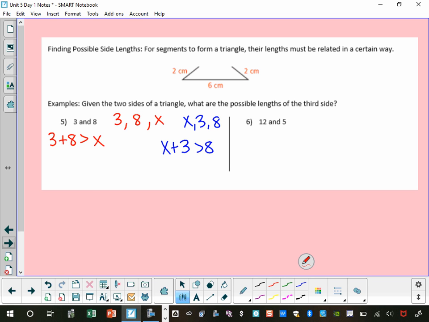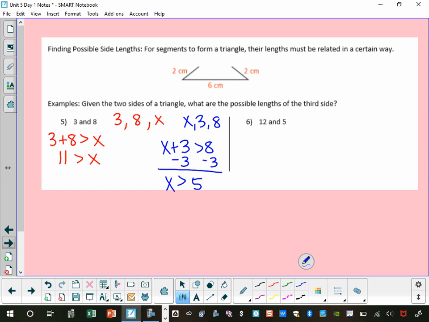Let's look at the first problem here. What's 3 plus 8? We have 11 is greater than x. That's one option. My second option, how do I solve the blue problem? How do I get x by myself? Subtract 3, right? So I'm left with x is greater than 5.